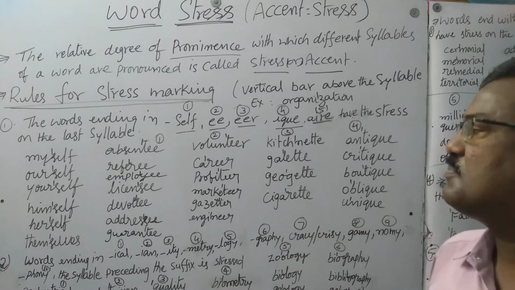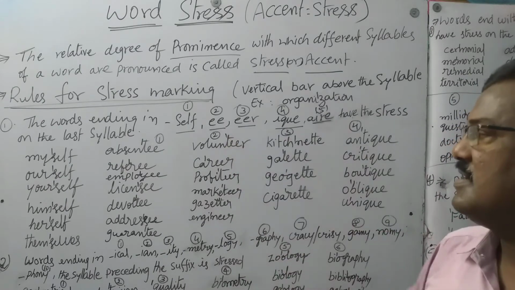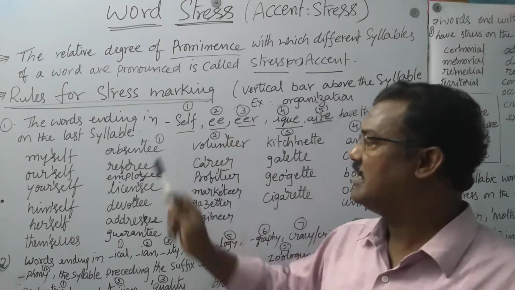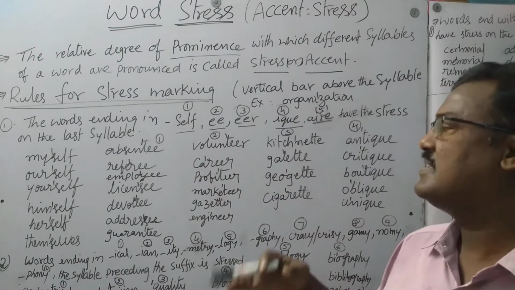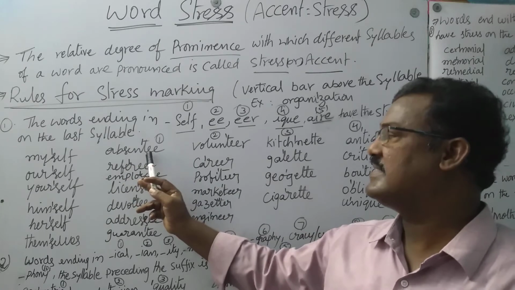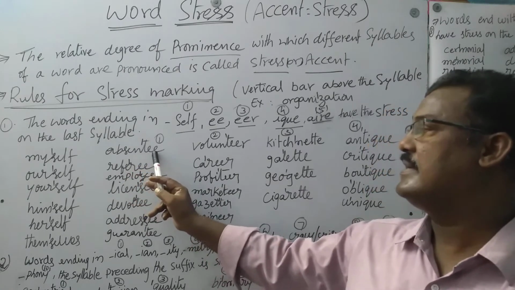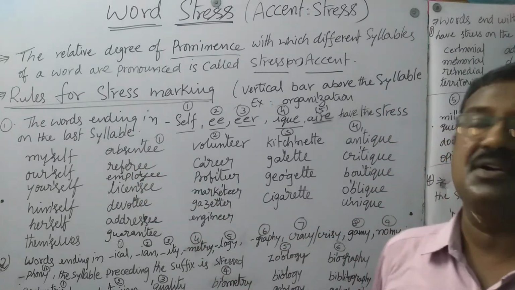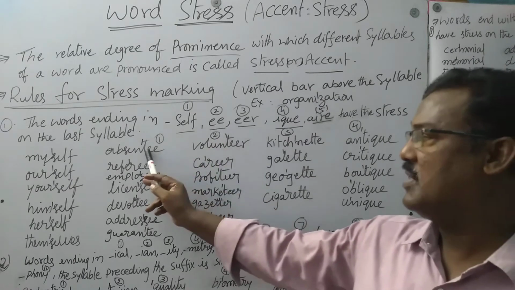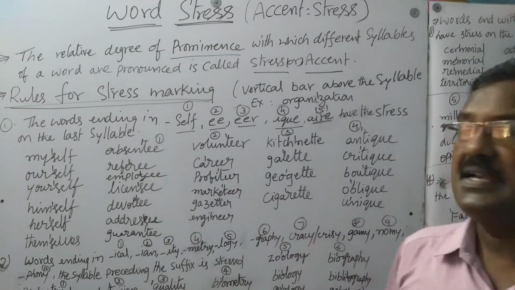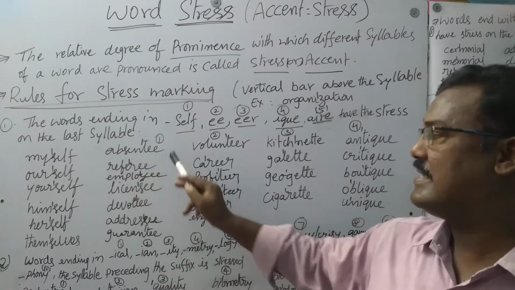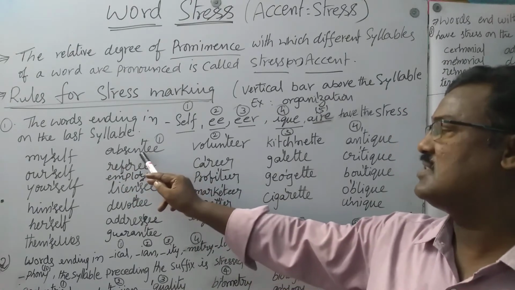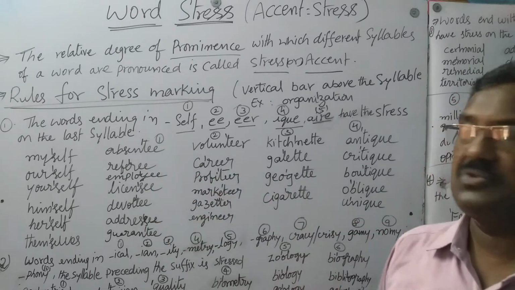Next one, EE. Absentee, any word that ends with double E, the last syllable we stress. Absentee, T above we have to stress. So two E's are there, but T is also part of the last syllable. Absentee, three syllables are there. Last syllable we have to stress.